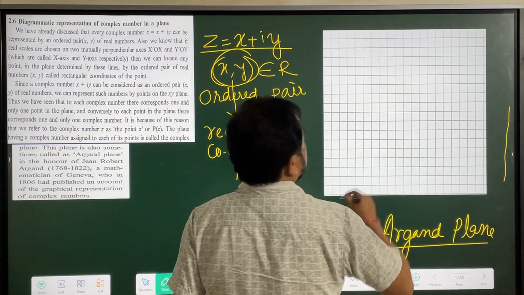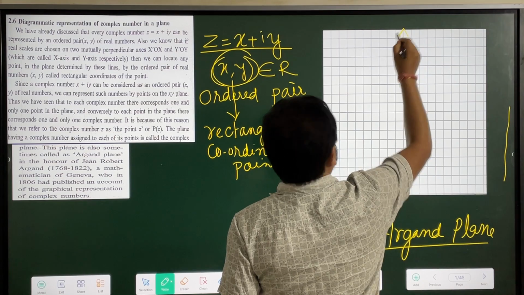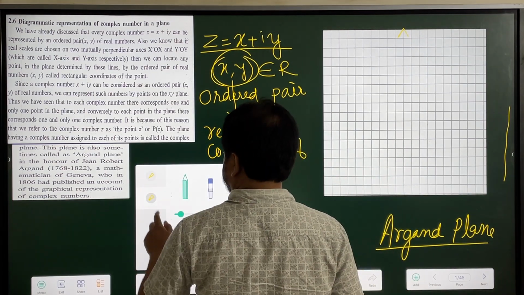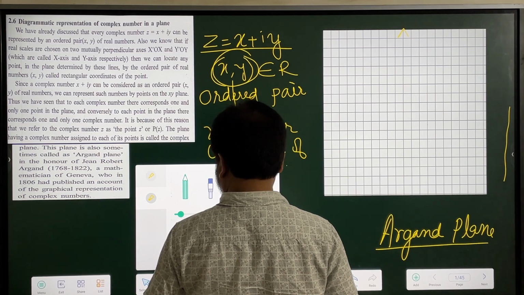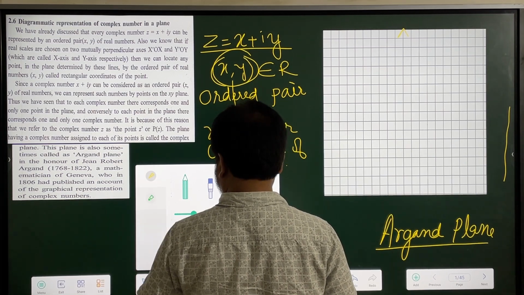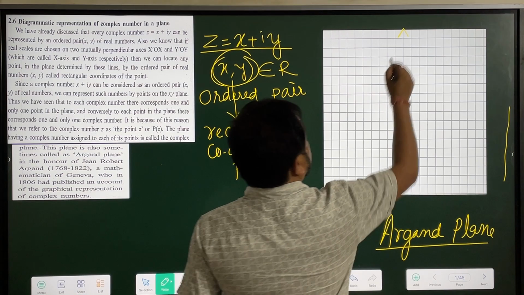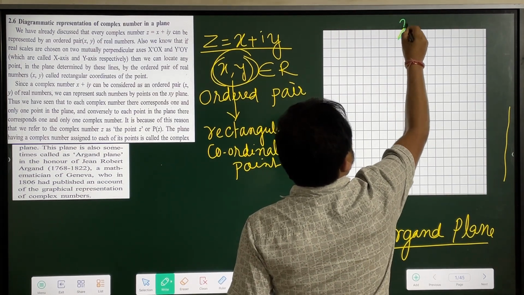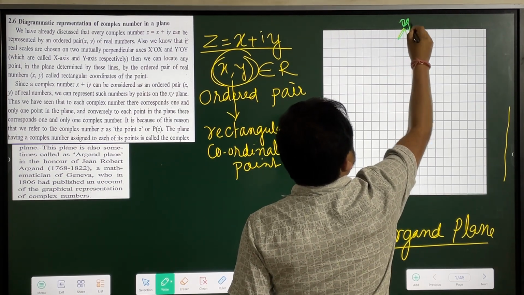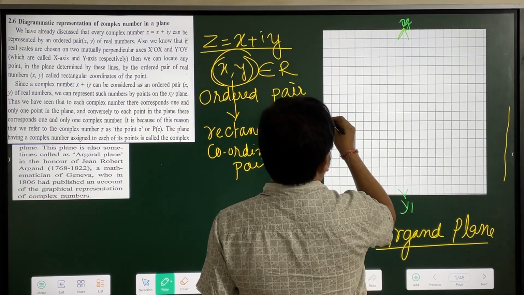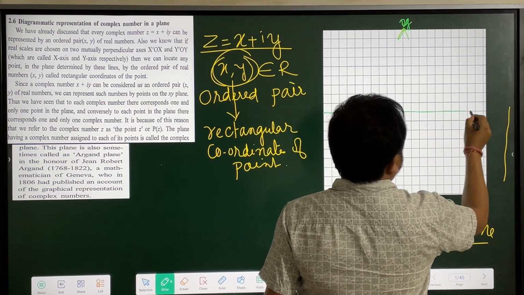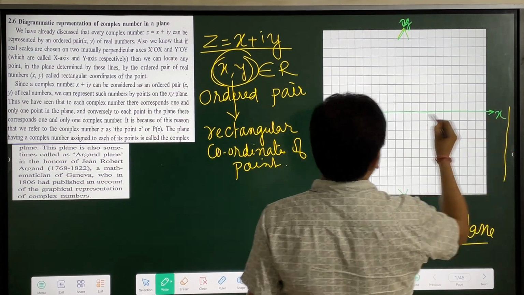Now here, suppose this is the y-axis, and this is the x-axis.